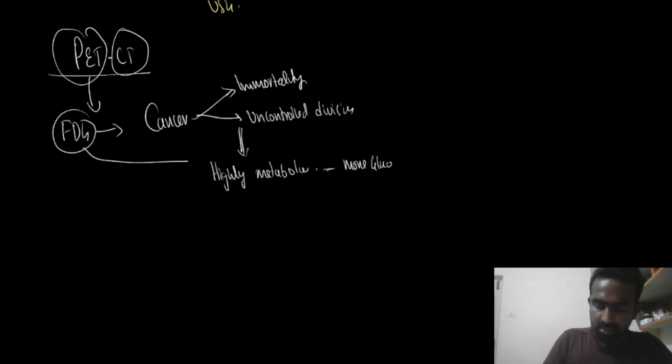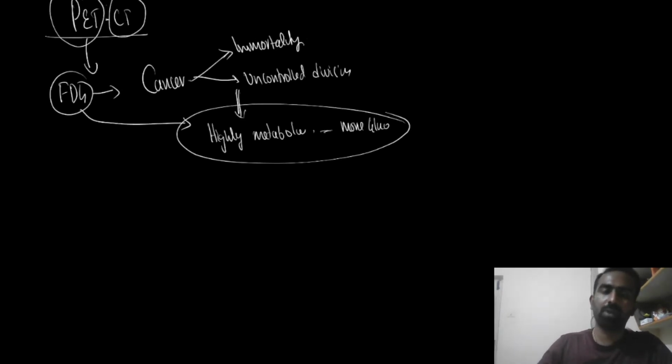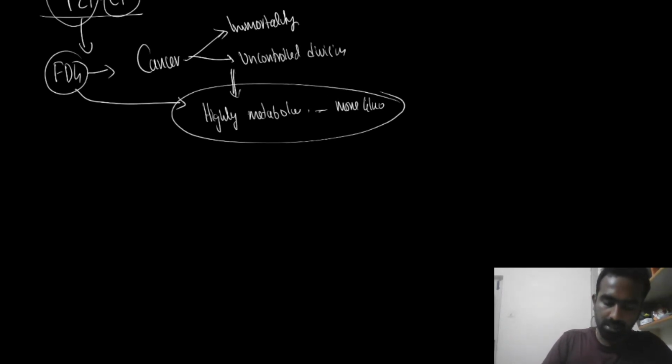So when FDG is given, it is taken up by these cancer cells more avidly, and it is detected by a gamma camera. They emit photons or positrons, and they are captured by special gamma cameras. That is positron emission tomography.